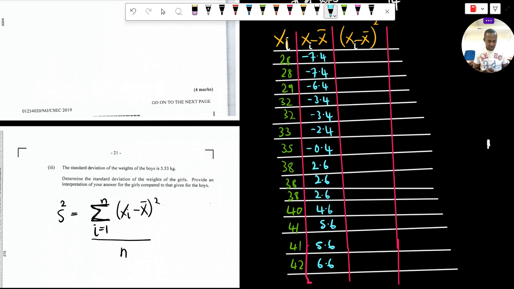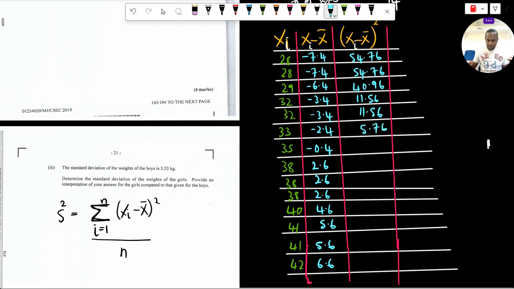And then, of course, you must square these values. So 7.4 squared gives us 54.76. This is 54.76, this is also 54.76. 6.4 squared gives us 40.96. 3.4 squared gives us 11.56, so 11.56 twice. Then we have 2.4 squared, 5.76. And 0.4 squared, I know this one, is 0.16.